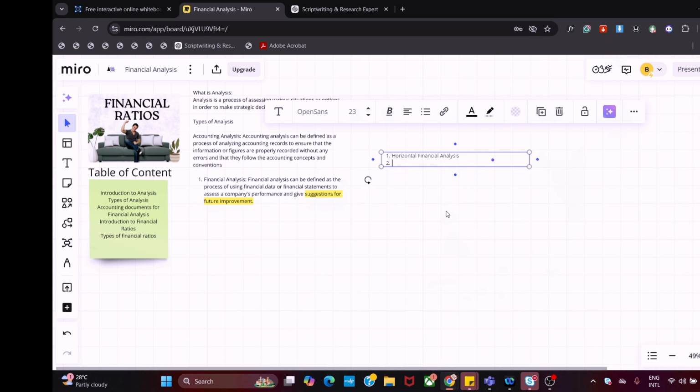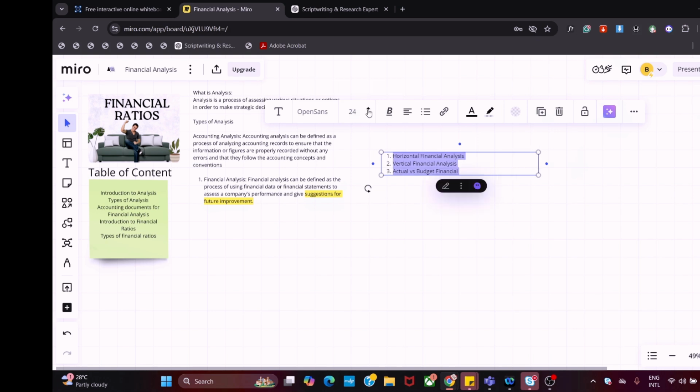The second one is the vertical financial analysis. Then the next one is the actual versus budgets financial analysis. So we are going to be taking these three types of analysis.